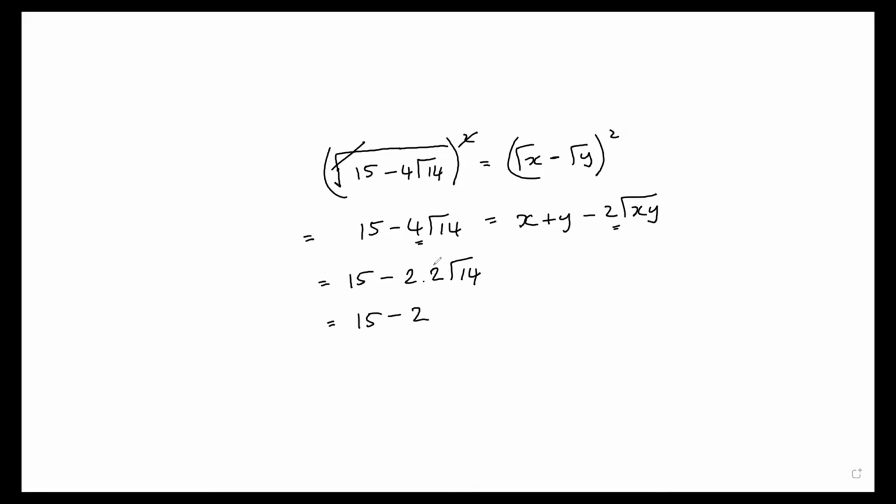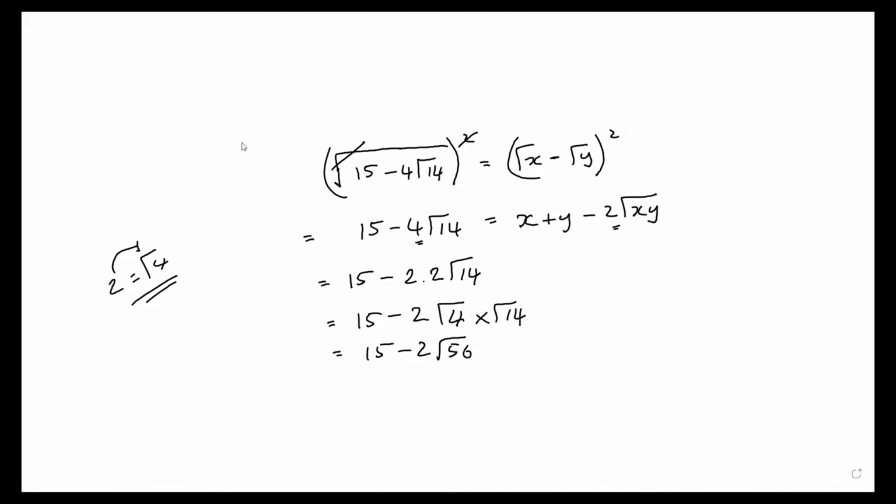Now 2 is the same as root 4, isn't it? Yeah. So I'll change my 2 here to root 4. There are other ways, but it will get the same answer. So 15 minus 2. Now root 4 and root 14 can be combined. You'll get root 56, don't you? So now you see we have a 2, which is what we want.